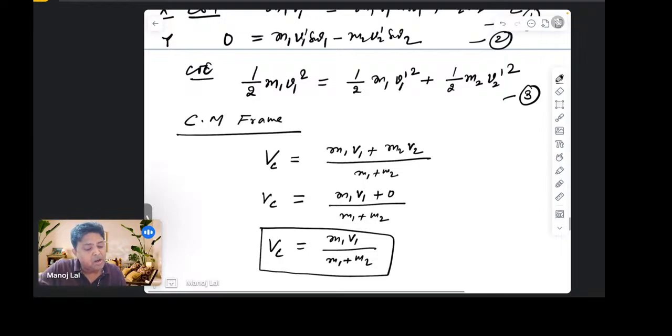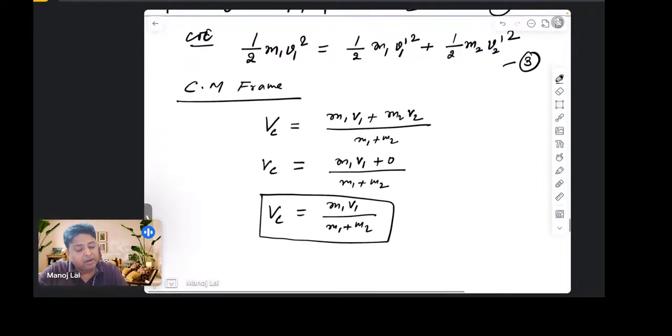So from the center of mass frame, what is the velocity of particle 1 before collision?